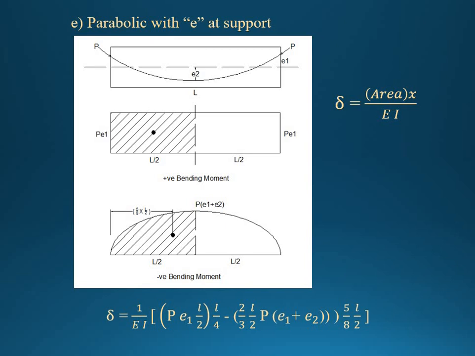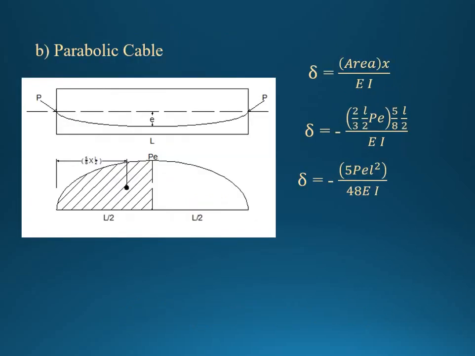Till now, for example, let me show you from the previous slides. In the previous parabolic profile or a parabolic cable, you can observe at the support there was no eccentricity. Eccentricity was present only at the center.